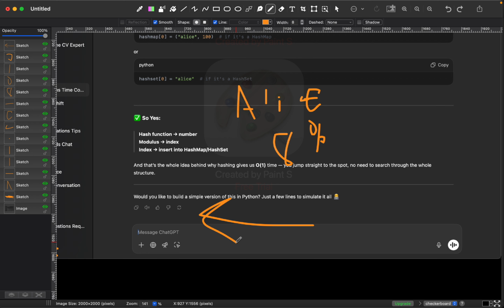I think there may be a lot of confusion about what a hash function is, what a hash map is, what a hash set is, what hashing is, because we are throwing a lot of jargon into one chat, and it's rather hard for us to unpack this.